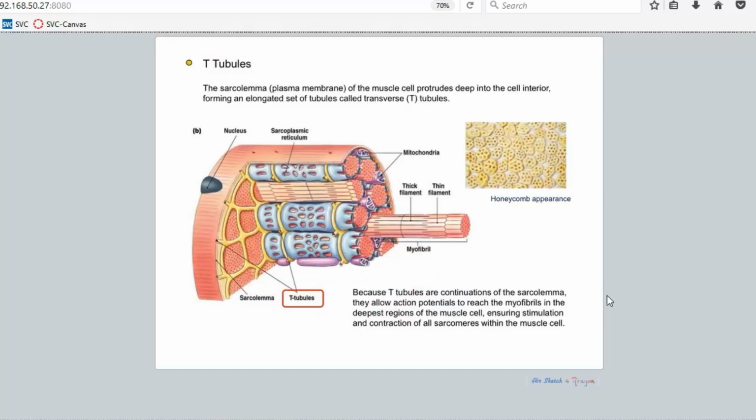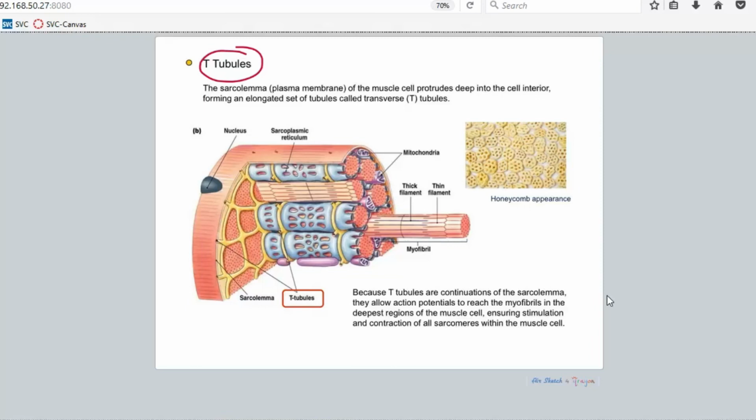Well, when a neuron comes down here and electrically stimulates the skeletal muscle cell, we want that electrical stimulation to get deep within the skeletal muscle cell. We just don't want it to cruise along the plasma membrane. So the structures that allow for that are called T-tubules. These are invaginations or extensions of the plasma membrane. And they have this honeycomb appearance.